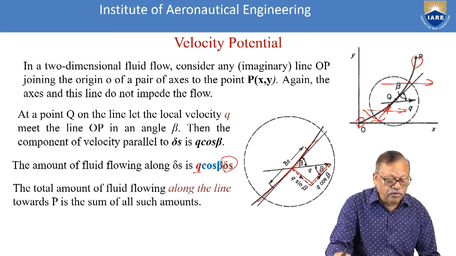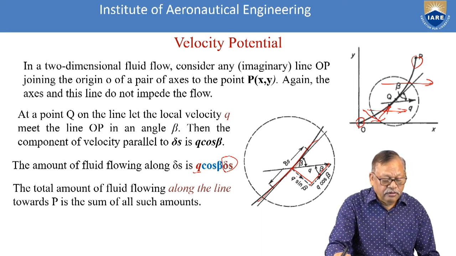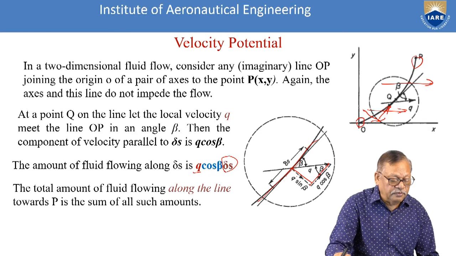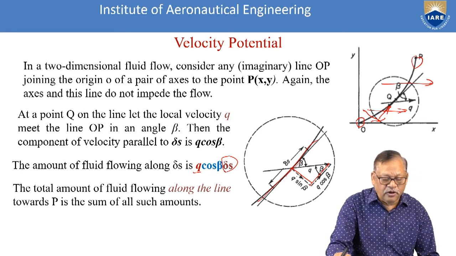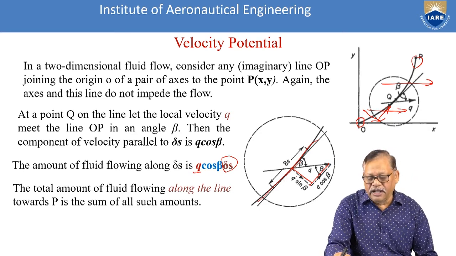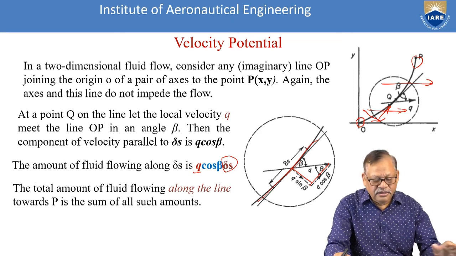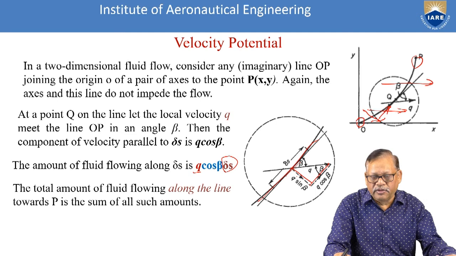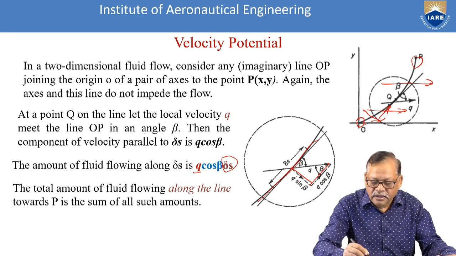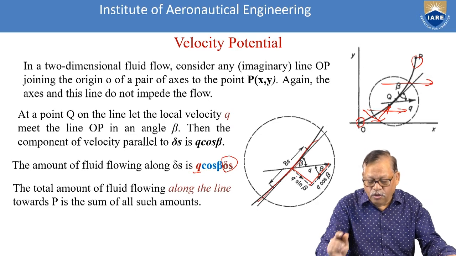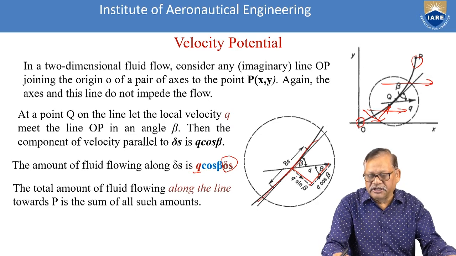The total amount of fluid flowing along the line towards P is the sum of all such amounts. This is the way we get the total amount along the imaginary line OP, how much it is going.